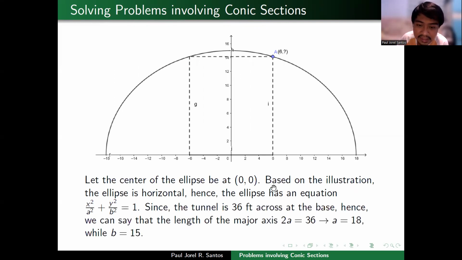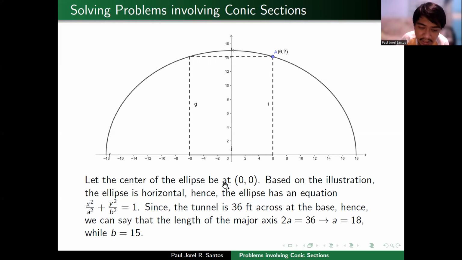And since the tunnel is 36 feet across at the base, we can say that the length of the major axis is 2a, which equals 36. And if 2a is 36, that implies that the value of a is 18, which is half the major axis.